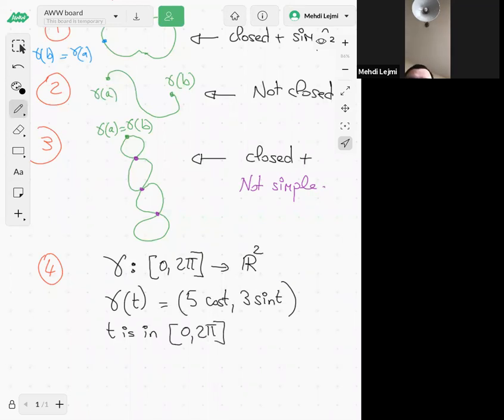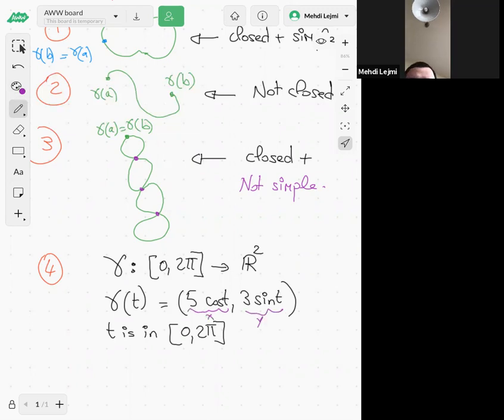So if you want to graph this curve or path gamma, you can see from the expression of gamma that this is your x, and here's your y.